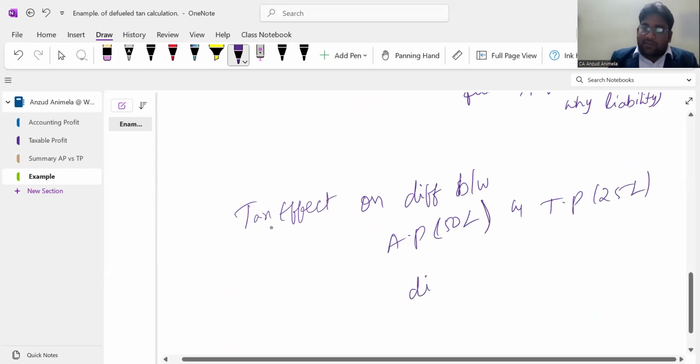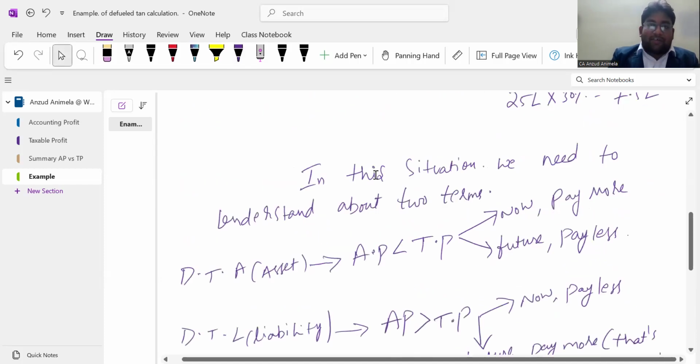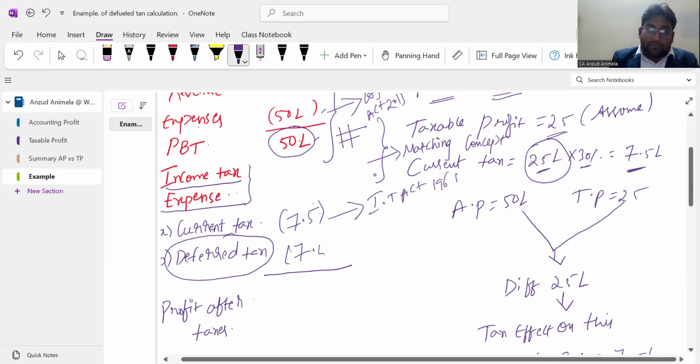What is the difference, brothers? The difference is 25 lakhs. What is the tax effect on 25 lakhs? Tax effect is 30%, which is 7 lakh 50,000. Now, I am writing here 7 lakh 50,000.